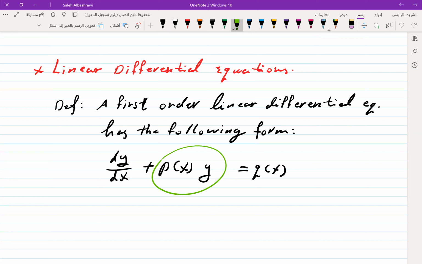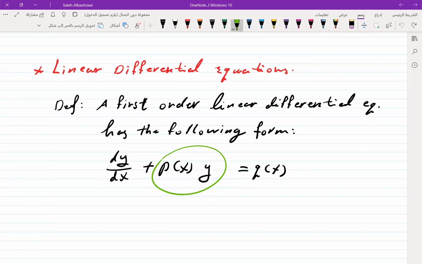If b(x) is not equal to 0, the equation is linear: dy/dx + b(x) y = q(x). This form of differential equation cannot be solved by separation of variables, so we have to do it in a different way.